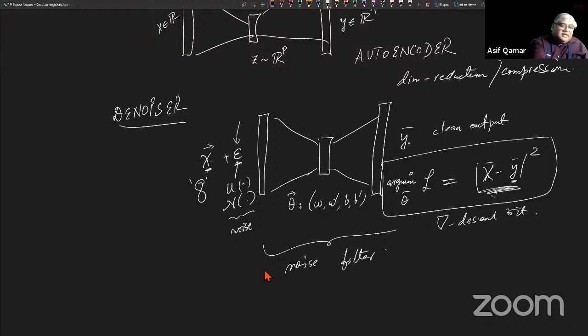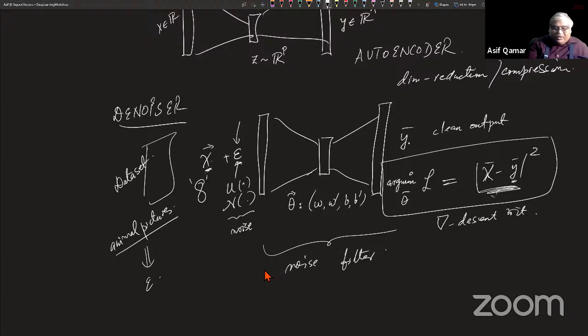Oh yeah, because you have a data set that you're training on. Let's take an example. Suppose you take ImageNet or lots of animal pictures, and you feed a lot of noise into it, but what you expect is those clean animal pictures to come out.